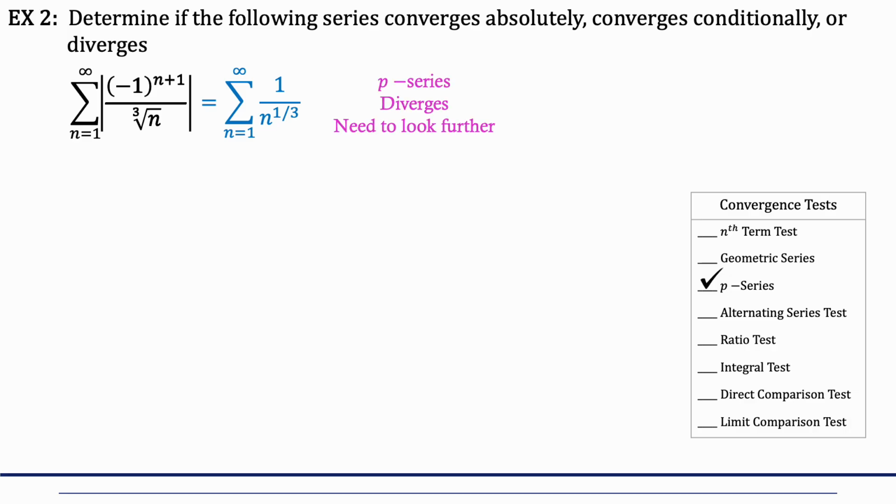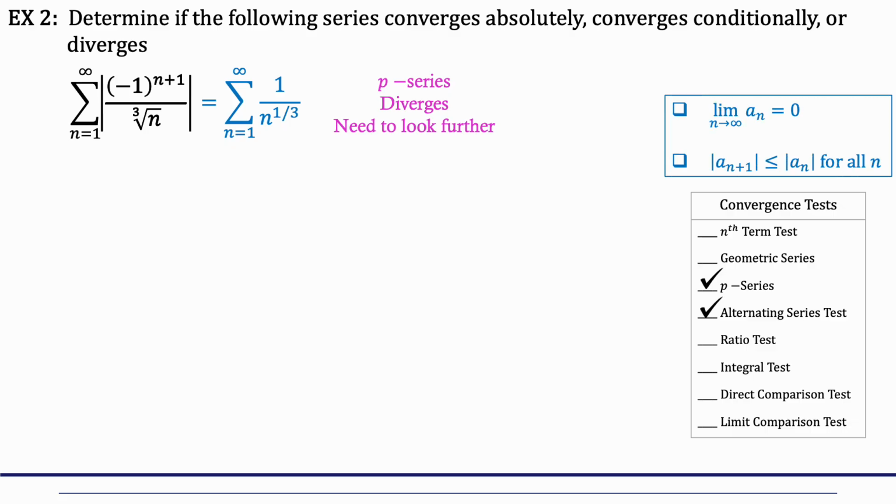Okay, so that diverges, which means we're going to need to look further and reconsider this back as an alternating series again. So we're going to use the alternating series test. So now we're going to check. The limit as n approaches infinity of a sub n, does that go to 0? Yes, it does.